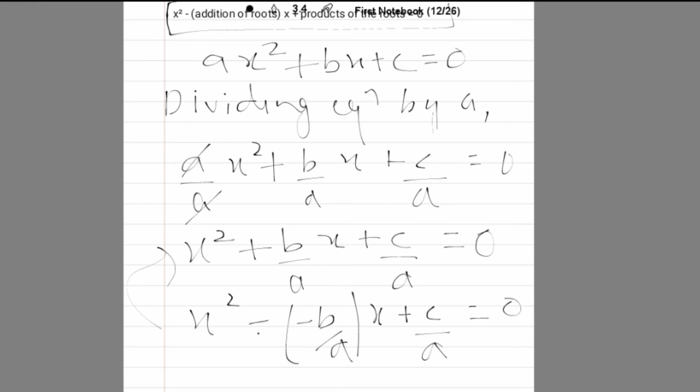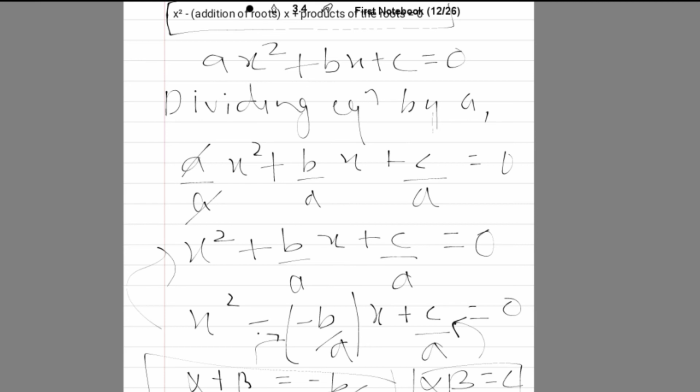Now if you notice here, this minus b by a, we can write it as alpha plus beta, because alpha plus beta is equal to minus b by a. We got it by the relation between the roots of the quadratic equation and the coefficients. And again if you see, alpha into beta is equal to c by a, right? So we can just substitute these values here and here.